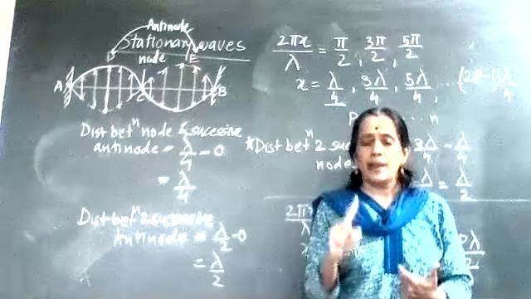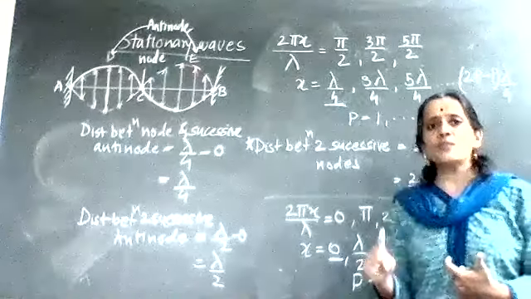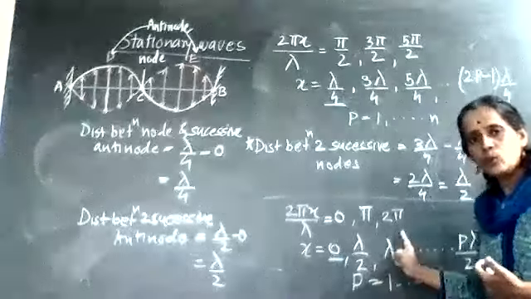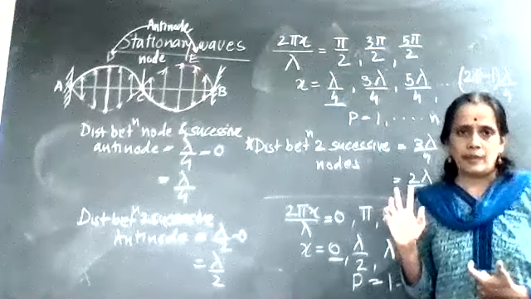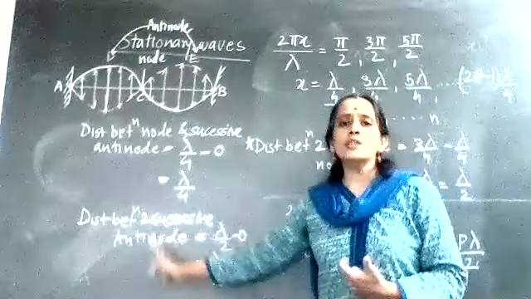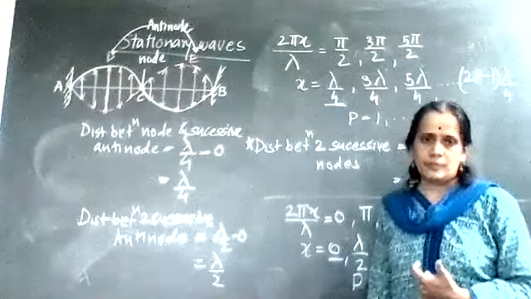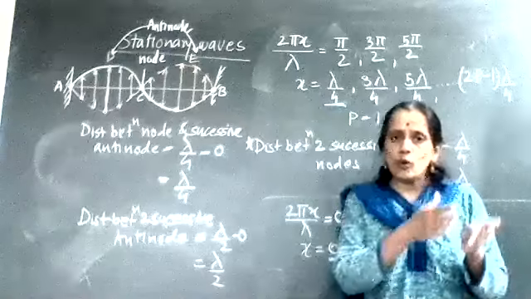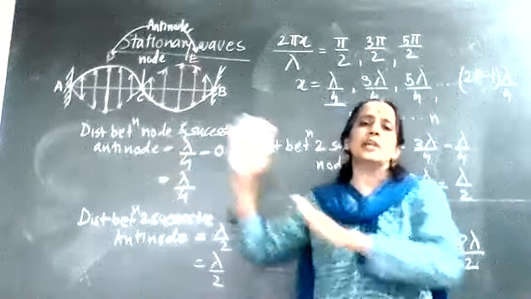Second point, at antinode, amplitude is maximum. And the distances where I will get the antinode are nothing but 0, lambda by 2, lambda. The general formula is p lambda by 2. Fourth important thing is the distance between two consecutive antinodes is lambda by 2. And therefore I can say that the distance between two consecutive nodes is equal to the distance between two consecutive antinodes.